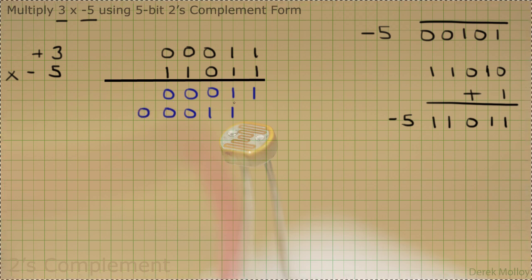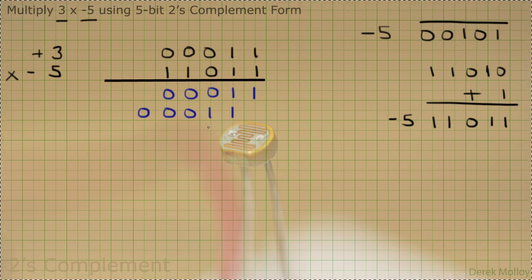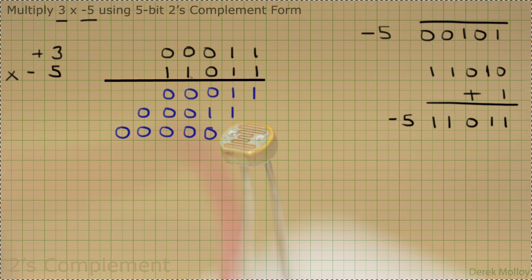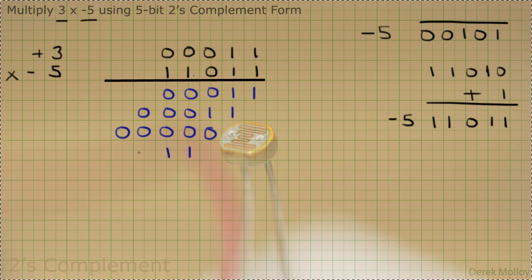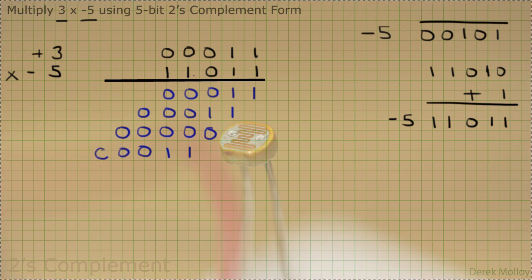Now we do 0 times, so we shift over again, and we do 0 times all the bits above, so that'd be 0, 0, 0, 0, 0. Now 1 times the number above, 1, 1, 0, 0, 0, and again 1 times the number above after shifting over to the left again.